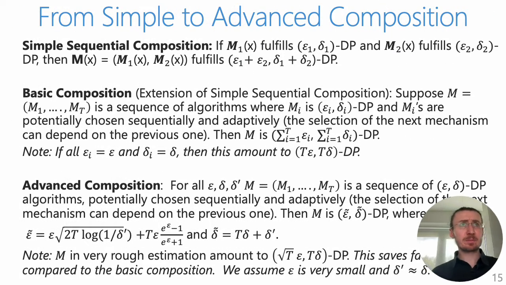So how do we now go from the simple composition that we described in the previous slide to the advanced composition? And why do we talk about that? First of all, we care about that because we have to use this composition of many mechanisms during the privacy accounting for machine learning algorithms.